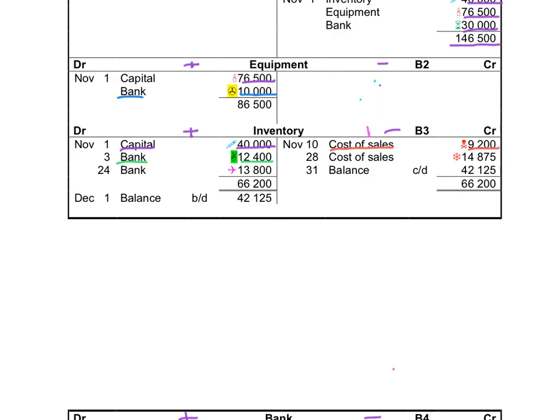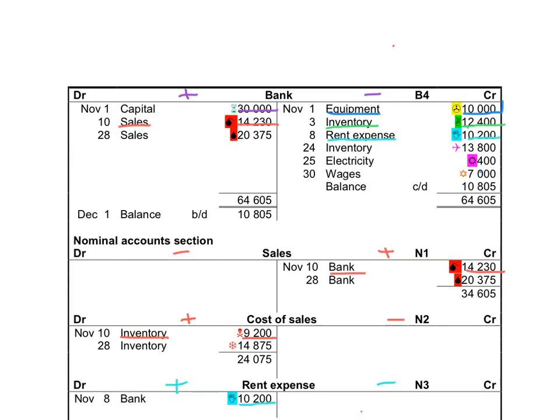Assets increase on the debit side with 13,600 because we have more inventory available and the bank account will be credited. Bank is an asset that reduced because we took money out of the bank, so we show that the money in the bank decreased with 13,800 and inventory account was debited.